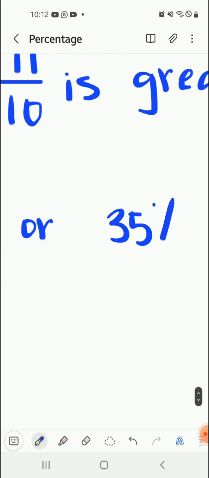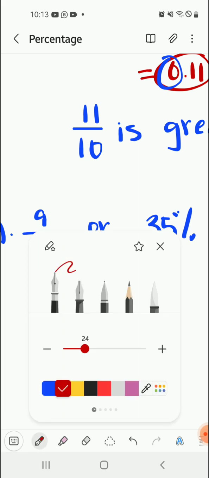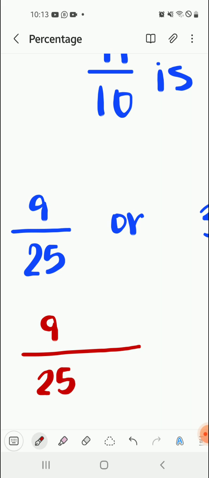Again, we need to convert this into the equivalent decimal numbers because it is much easier. So we have got 9 by 25. We have to do something so that we get a multiple of 10, 100 or 1000 in our denominator. So you see, 25 into 4 becomes 100.